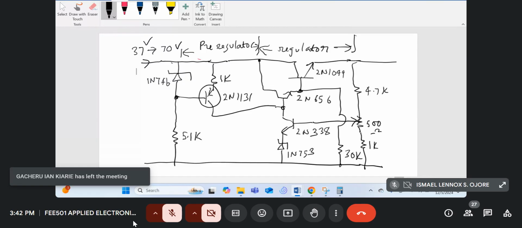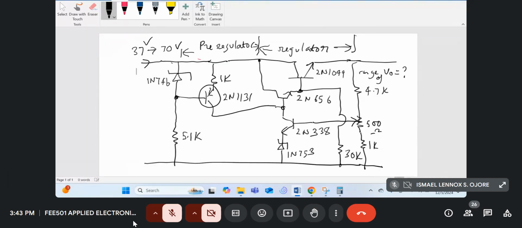R2, when the pot is at the bottom, will just be 1K. Sorry, R1 will just be 1K. R2, in that case, will be 4.7K plus 500 ohms. So find out V naught, or the range of V naught. Find out the range of V naught in this case.